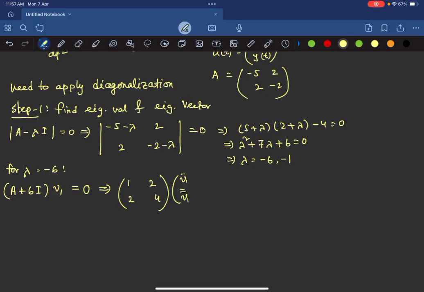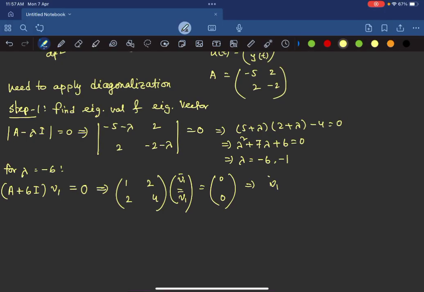You can write anything. Suppose in place of v1, you want to write capital V with components v1, v2, you can write as per your choice. These are only notational differences, nothing else. So v1 bar plus 2 v1 double bar is 0.